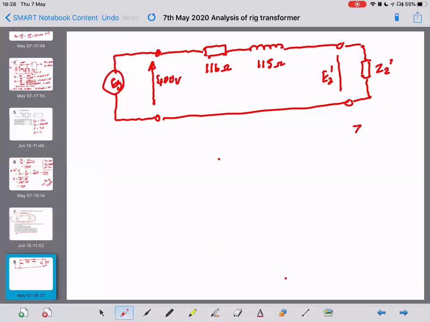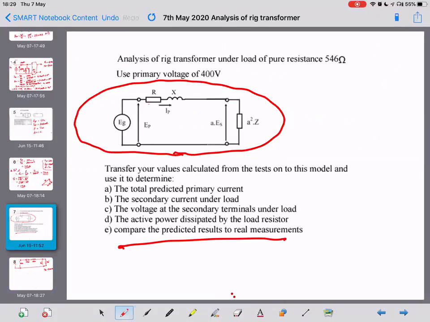One other thing we know, the actual Z2 is 546 ohms. Where did you get that from? Because that's when we actually do the practical. That's the specified load. So we would connect a 546 ohm resistance across the secondary terminals.